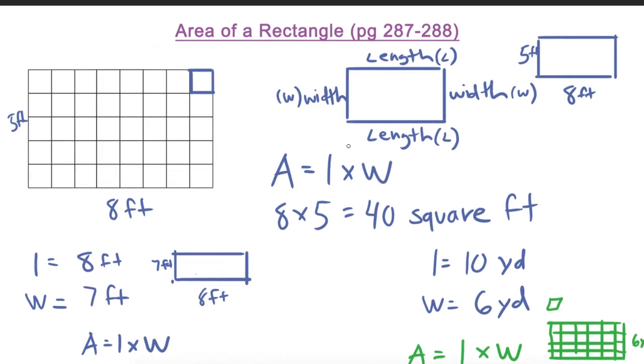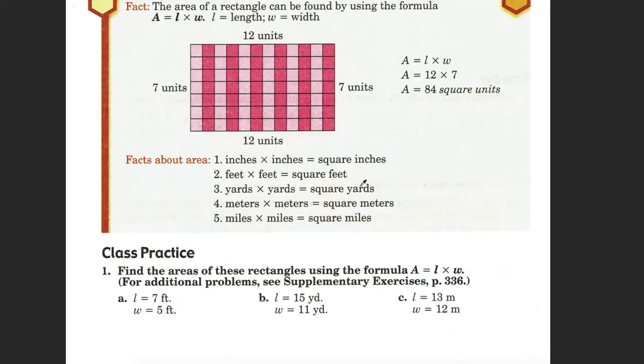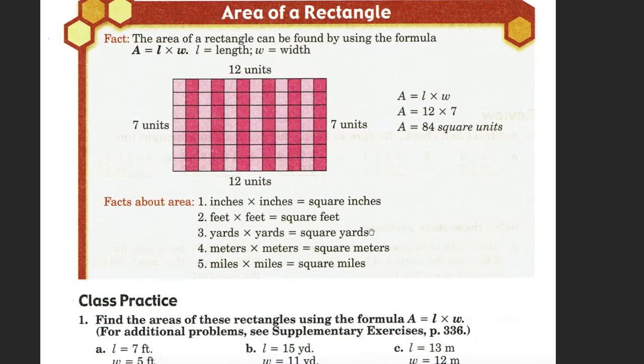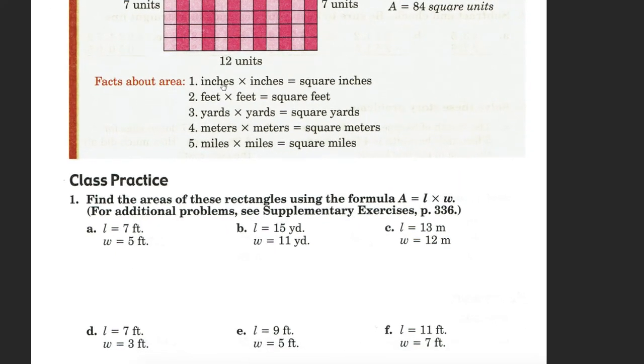So let's go over our worksheets. First one. Here's just another explanation of what we just went over. If you're multiplying inches by inches, that's square inches. Feet by feet, that's square feet, right?